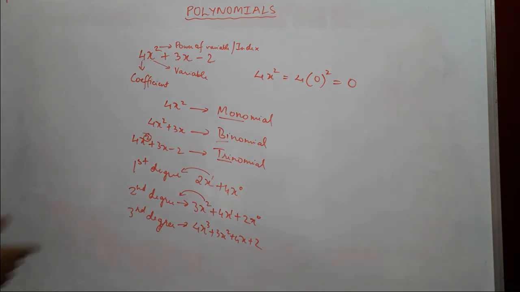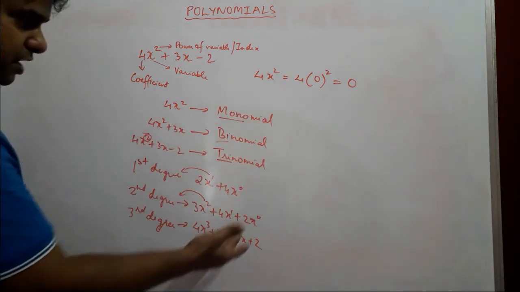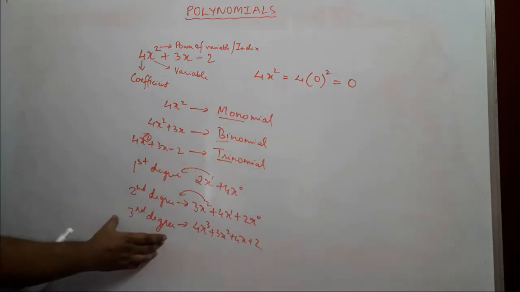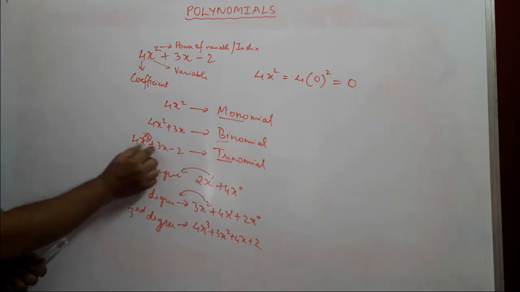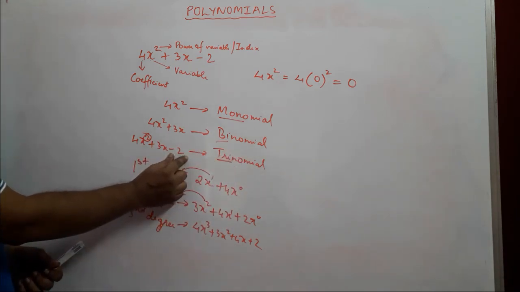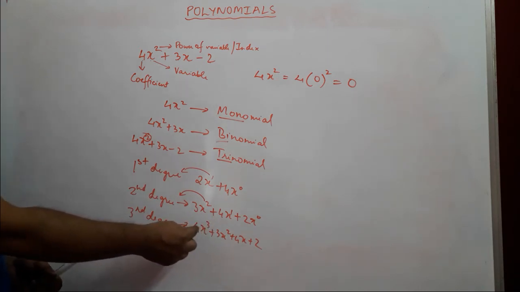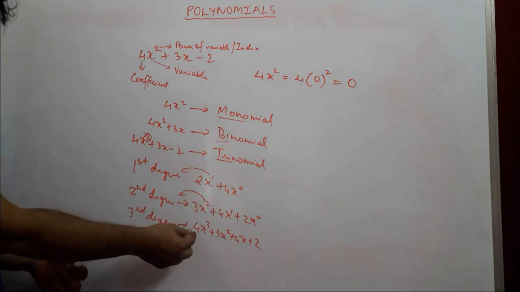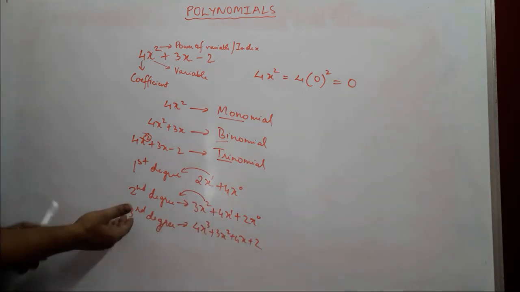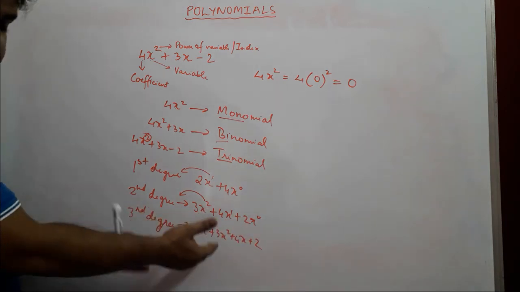Now this has got nothing to do with monomial, binomial, trinomial. Trinomial does not mean third degree. Trinomial is referring to the number of terms that we have got. Third degree is referring to the power of the variable or the index, the highest power of the polynomial.